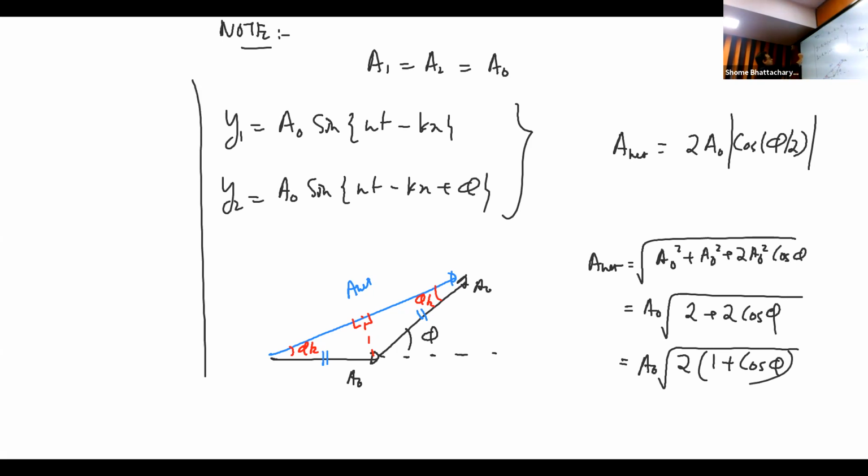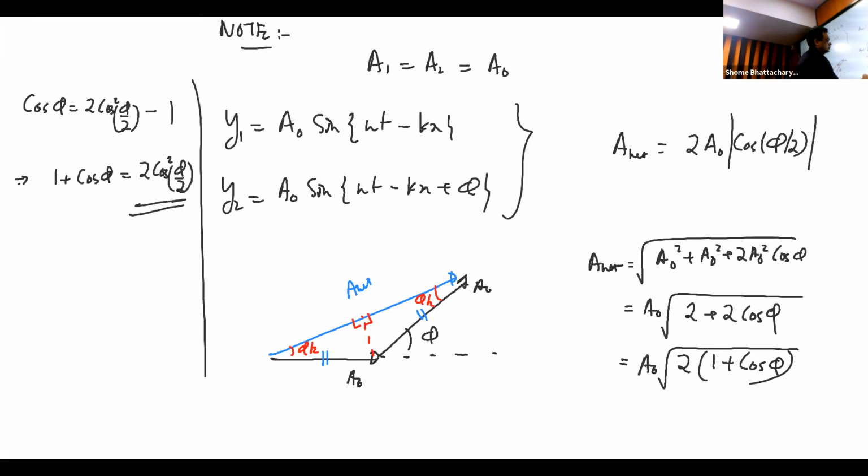cos phi can be written as 2 cos square phi by 2 minus 1. Okay. So 1 plus cos phi can be written as 2 cos square phi by 2. Okay, so this is the thing we'll use here.